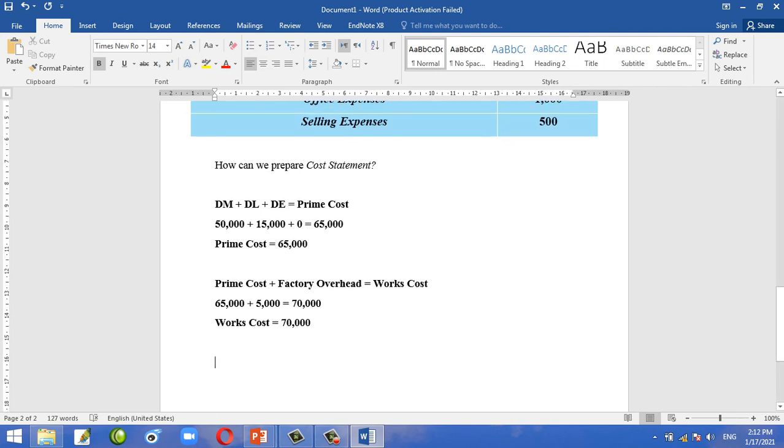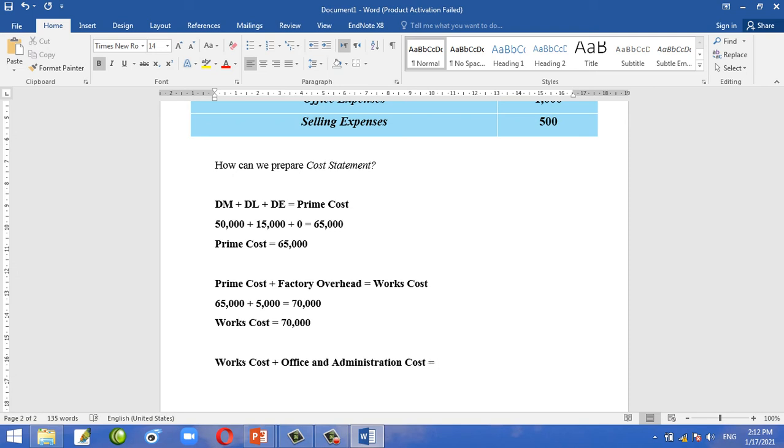Now come to the third one, that is cost of production. Cost of production is equal to works cost plus office and administration cost.